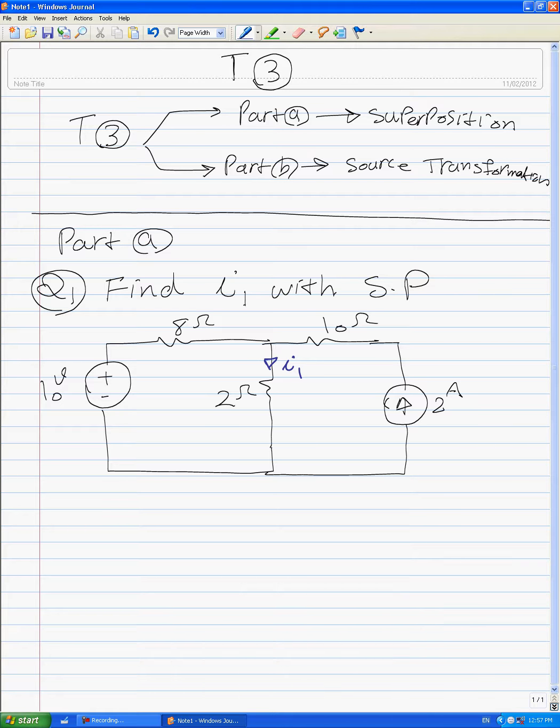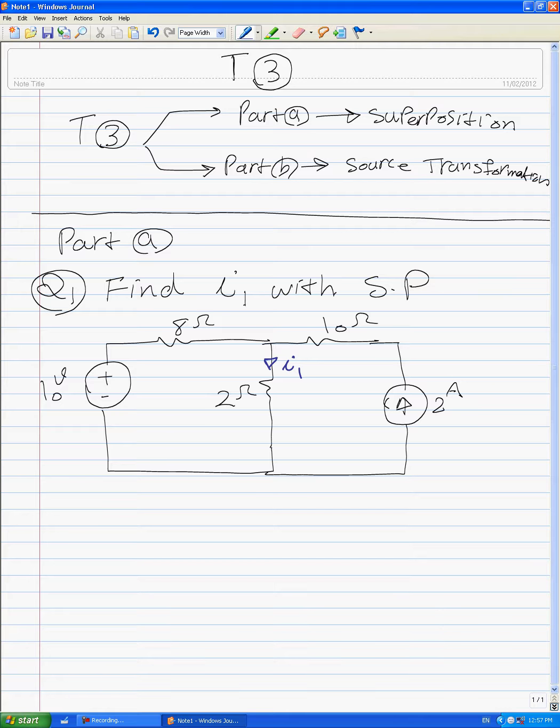An important key to use superposition technique is to investigate how many sub-circuits we have. Important note: if we have n independent sources, superposition technique changes this circuit to n sub-circuits.